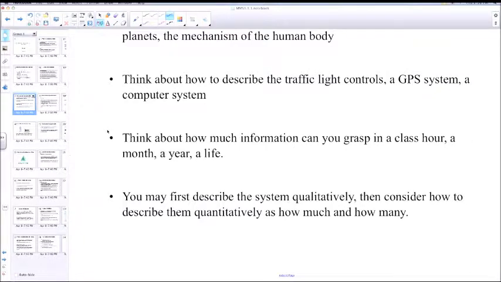Well, you can start to describe all those qualitatively, to think of what factors you have to consider, and then try to think quantitatively how you're going to count, measure, and evaluate all those facts.